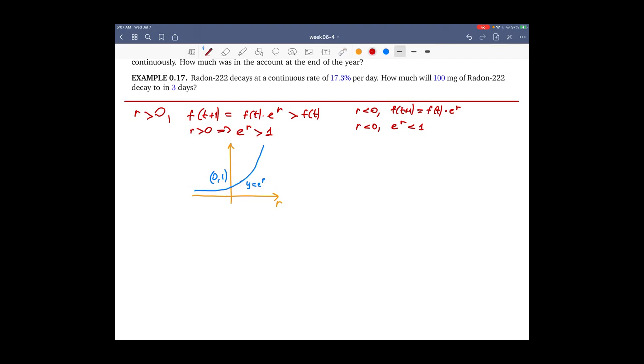Therefore, in this case, we have our function decaying. F of t times e to the power r will be less than f of t. So r greater than 0 implies f at t plus 1 is greater than f at t. So f is increasing.